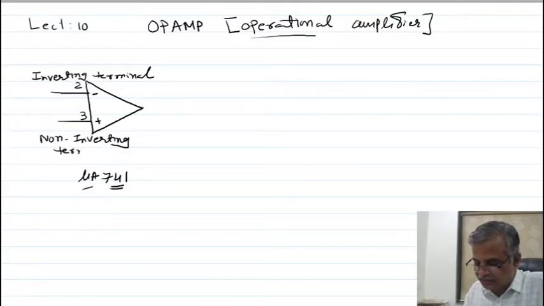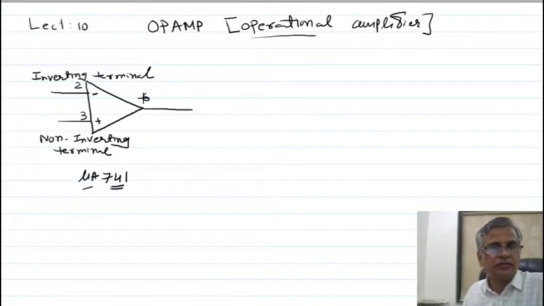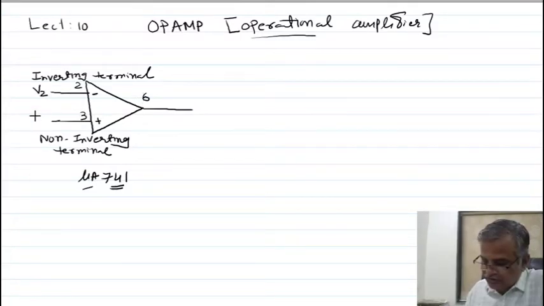Output is taken from pin number 6. Here this is the V2 voltage and here is the V1 voltage, meaning you give the voltage at the inverting terminal and at the non-inverting terminal.